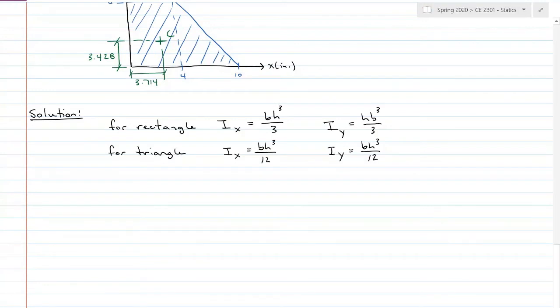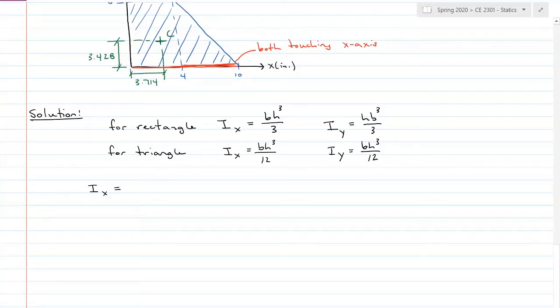Okay, for the x direction, Ix, we can simply sum up our rectangle and triangle because they are both touching the x-axis here, right? Both touching the x-axis. All right, so I can use their equations for Ix.